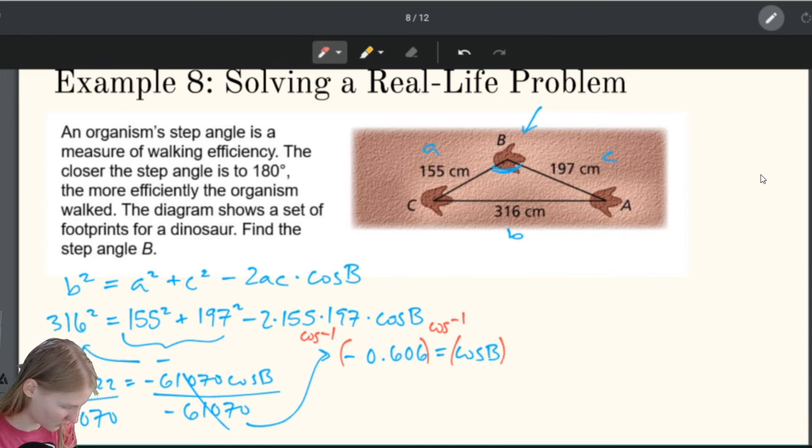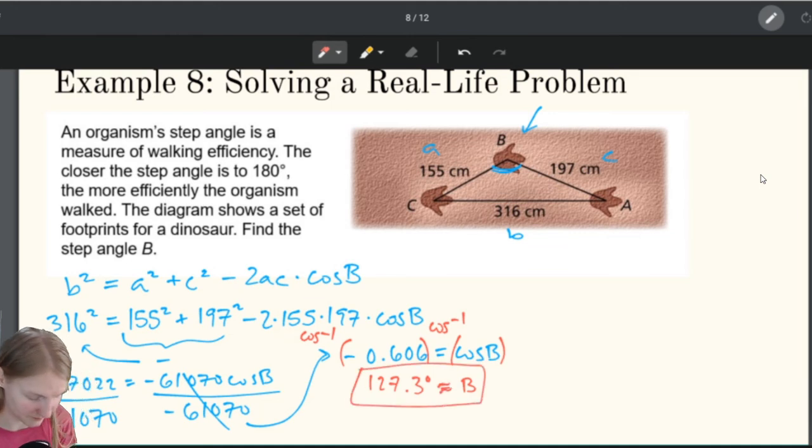Cosine inverse of the negative 0.606 and so on is 127.3 degrees, approximately, for angle B. Awesome, so we found the step angle B.